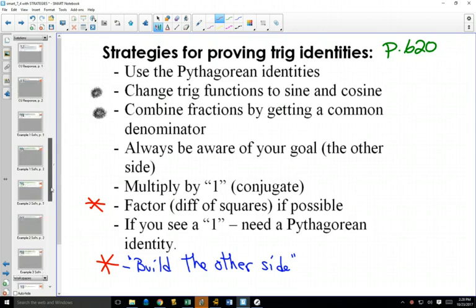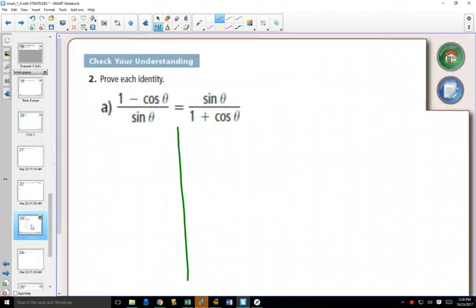So we're going to go back to it, and what it means to build the other side is if you've got a single fraction and they're not the same, why don't we try to at least get the denominators the same and then see what happens. So if I want both the left-hand side and the right-hand side to have the same denominator, well, this one's missing sine, so I'm going to multiply by sine over sine. This one's missing 1 plus cos theta.